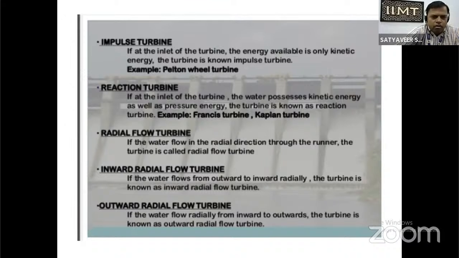Radial flow turbines are of two types: inward flow and outward flow. In case of inward flow radial reaction turbine, the water flows from outward to inward, and the turbine is known as inward flow turbine. But in case of outward flow radial reaction turbine, the water flows from inward to outward. Okay, the turbine is known as the outward flow radial reaction turbine. So these are a number of types of turbines.